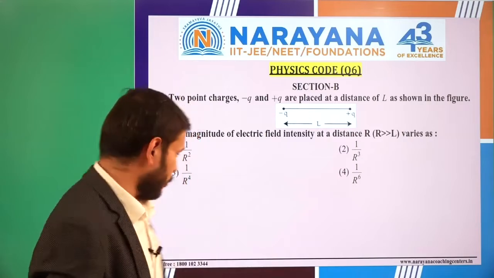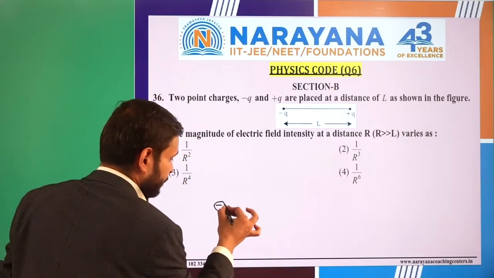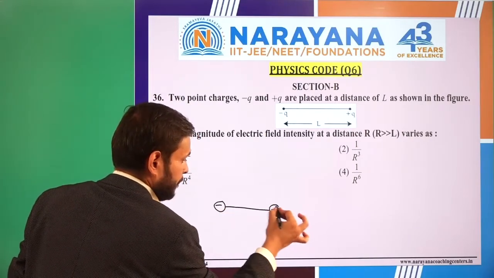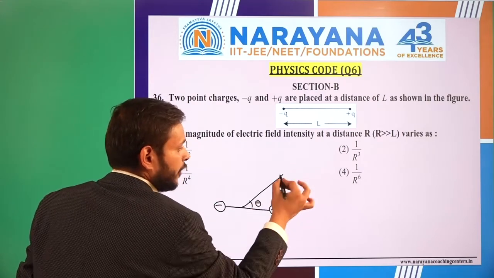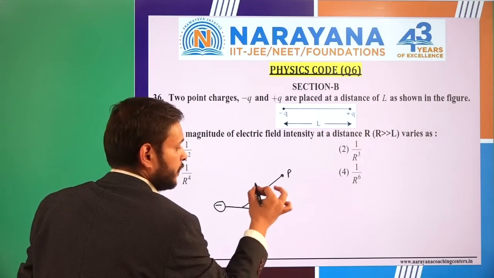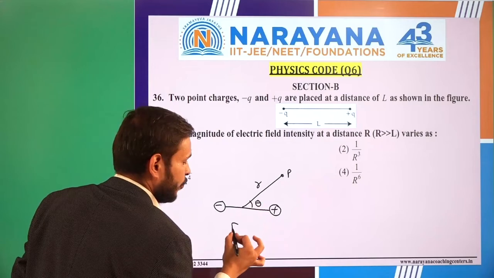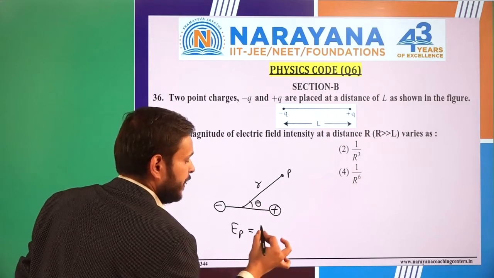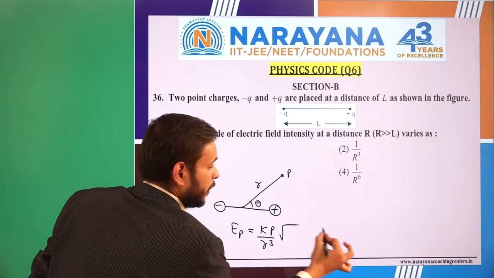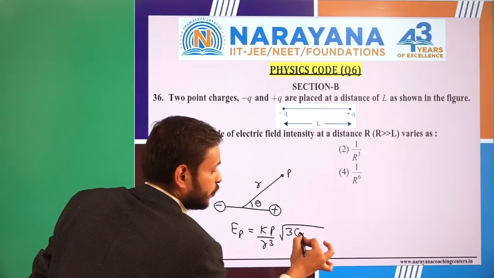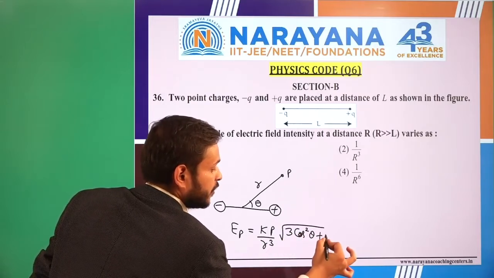For the short dipole, let's say this is a dipole, and we are talking about some point P at an angle theta. This is R. So you should know the general formula that EP is basically Kp by R cube under root 3 cos square theta plus 1.